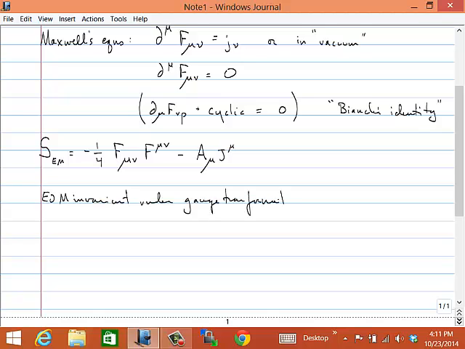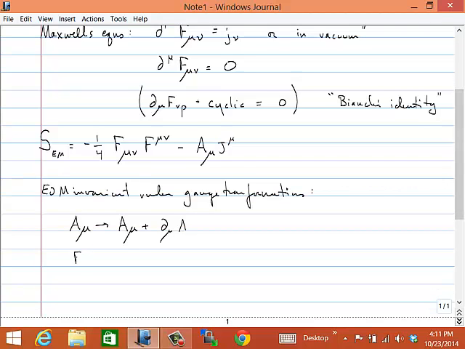In particular, if you take A mu and you shift it by the derivative of any function lambda, then F mu nu will be invariant. And in particular, Maxwell's equations, the equations of motion, will be unchanged.